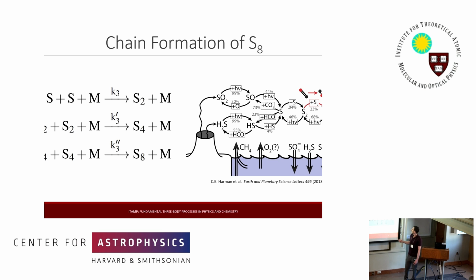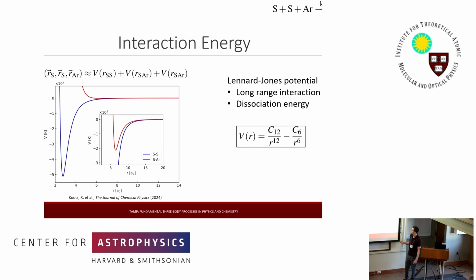Okay, so this S8 is essentially formed through a step of three different three-body recombination reactions. And so we're going to focus on the first of these reactions as a first step and see if we can characterize these recombination reactions, three-body reactions.